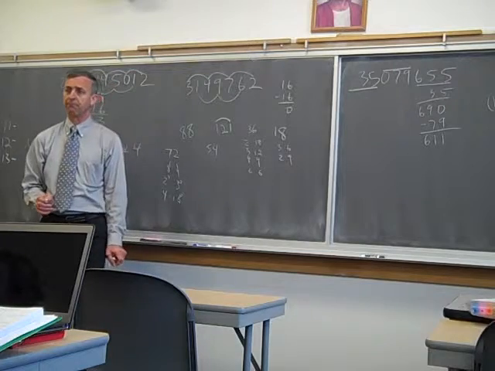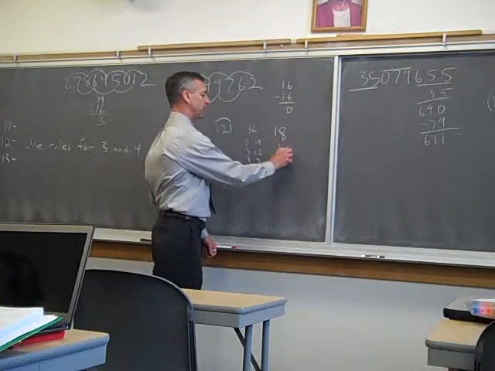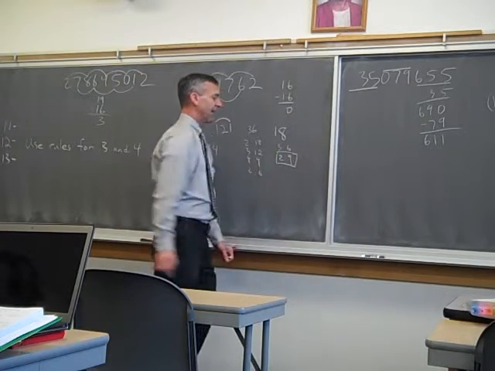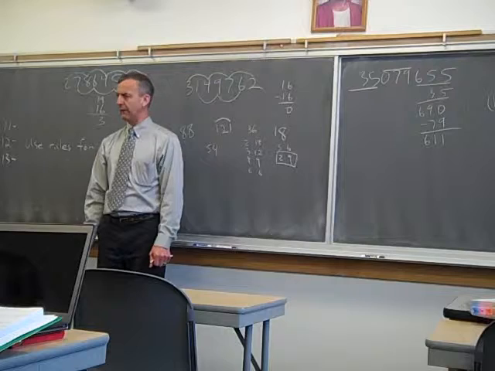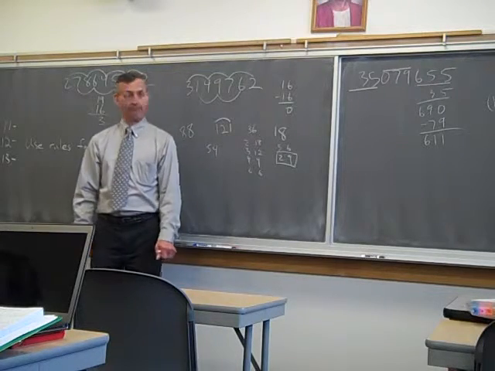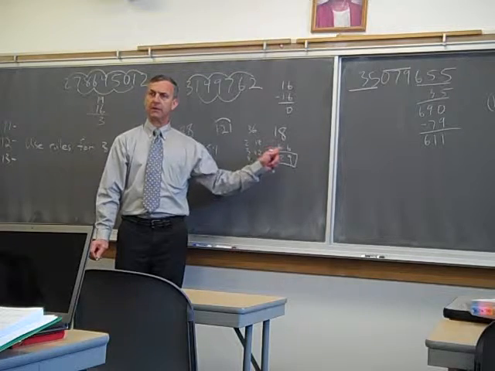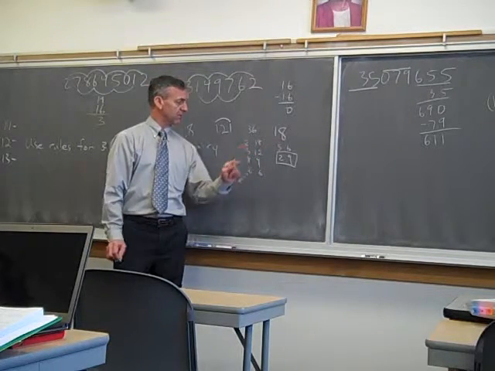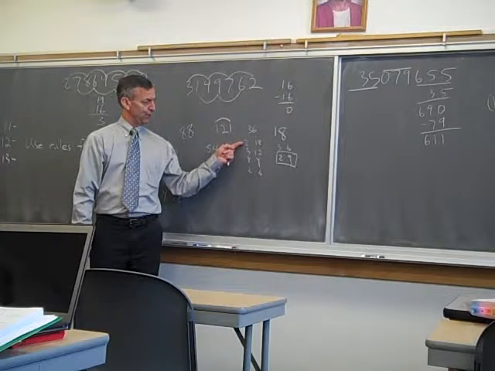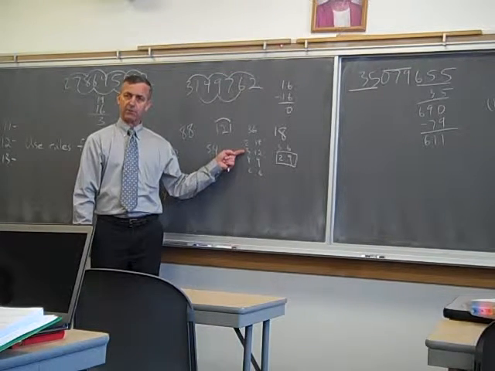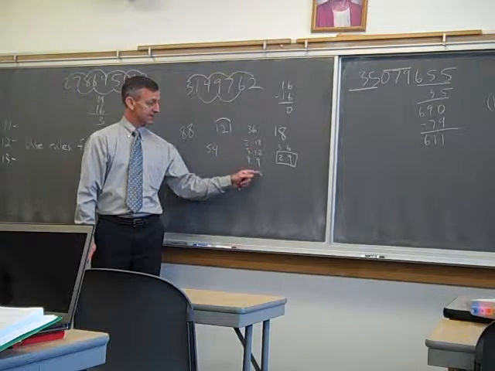Here's the rule. The numbers that you pick have to have no common factors other than 1. 3 and 6 have a common factor of 3. 3 goes into there and 3 goes into there. These have a common factor of 2. These have a common factor of 3. 3 will go into both 3 and 12, right? And 6 there.